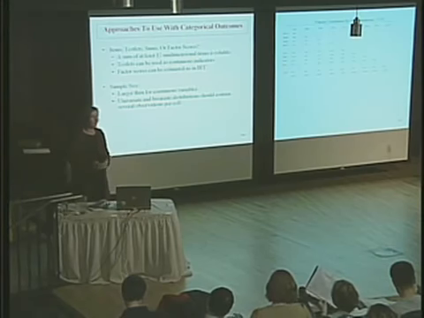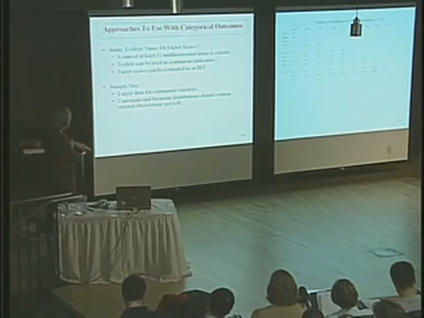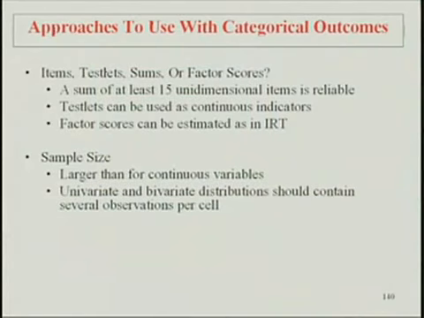Now, what other approaches can you use for categorical outcomes? Well, basically, you can either look at items on the item level, test sets, which are sums of items, sum scores, or factor scores. So there are options there.